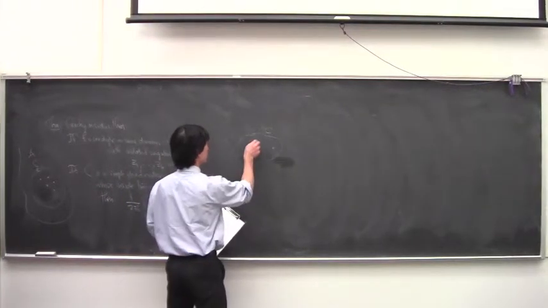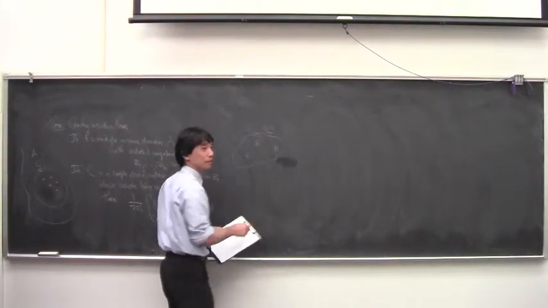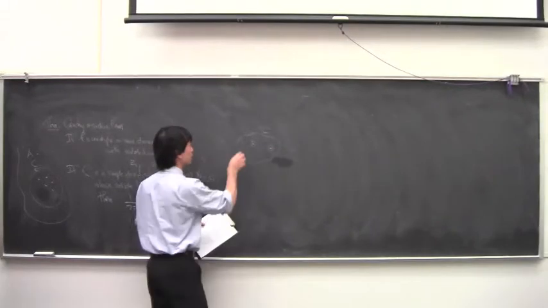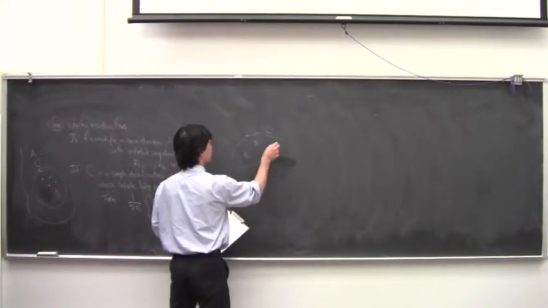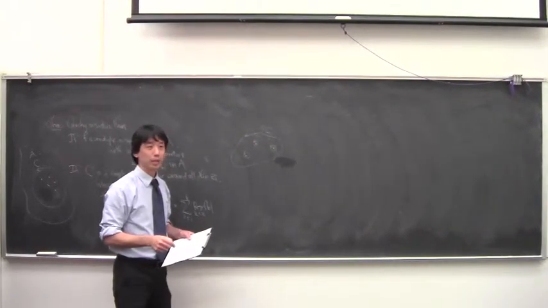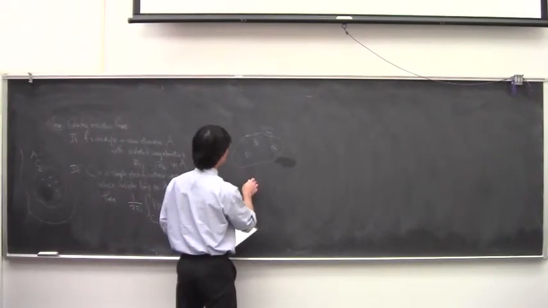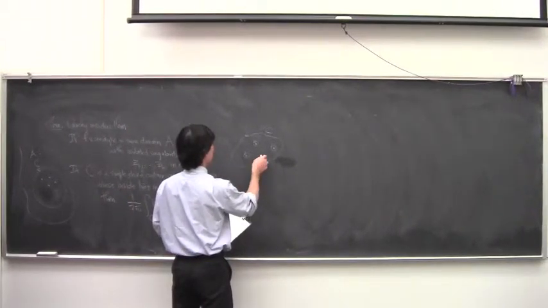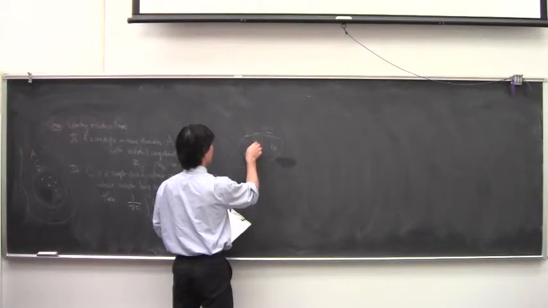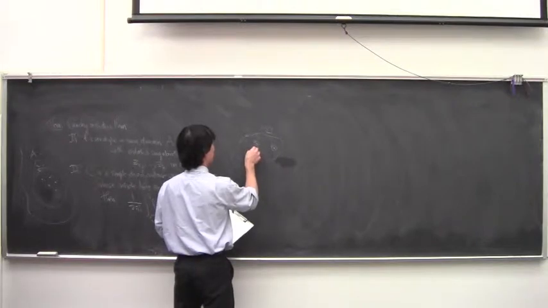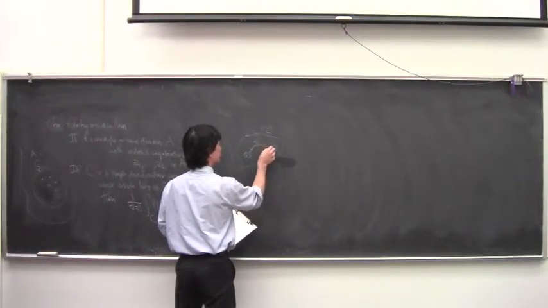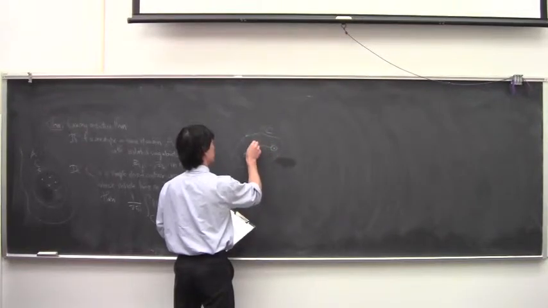So you just take a bunch of little circles, and then maybe the way to do it is to say you make some path by going with this, something like this.